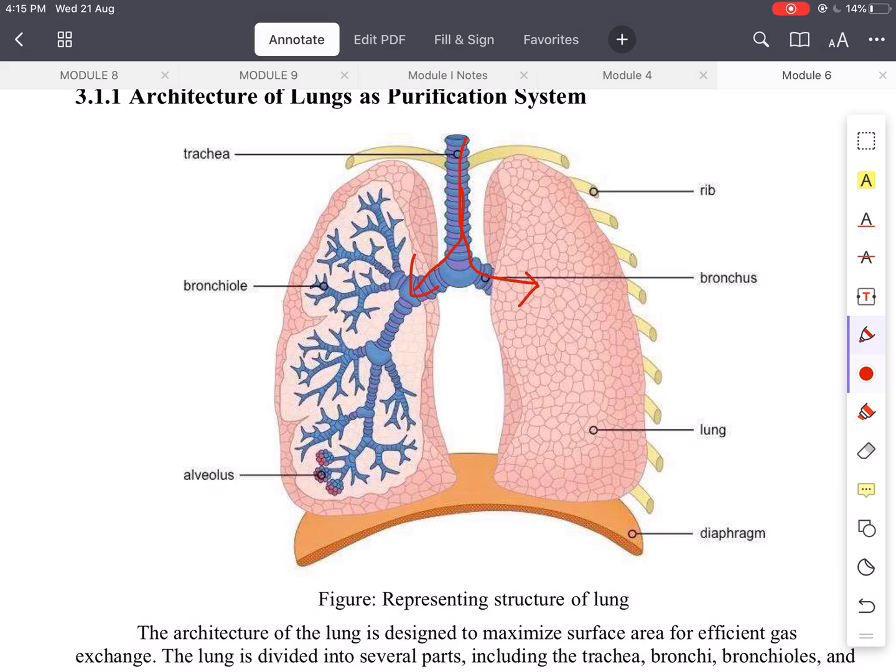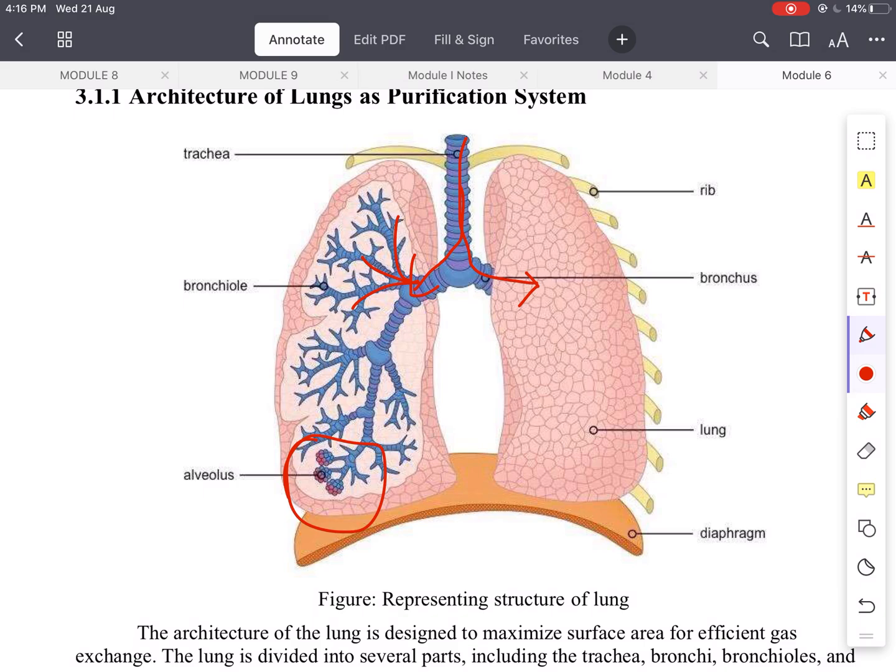Those branches are called bronchi. Each bronchus goes into the left and right side of the lung. Then each bronchus breaks into bronchioles, so you can see the sub-branches here. Each bronchiole at the end has a grape-like or sac-like structure called alveoli. The main reason for the alveoli is to provide a greater surface area to increase the amount of gas exchange possible.